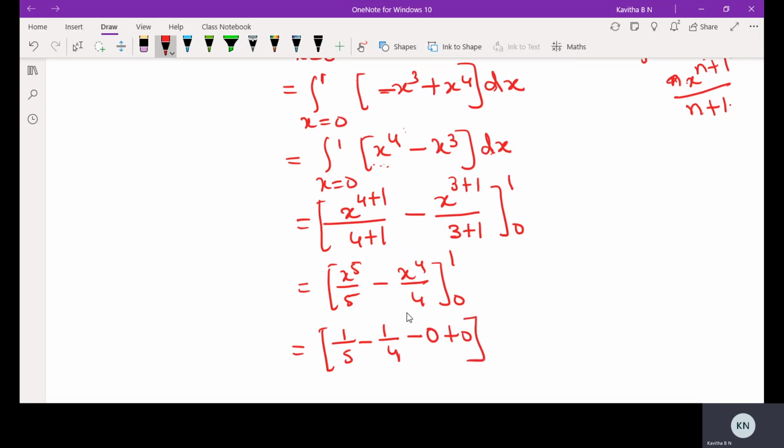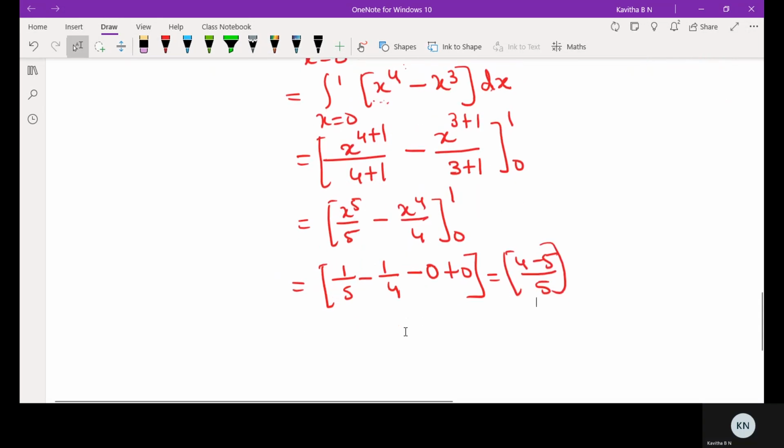Okay, then 4 minus 5 divided by 5, which means we are getting minus 1 by 5... Okay, take the LCM here. 4 fives are 20, and 4 minus 5 is minus 1, so minus 1 by 20.